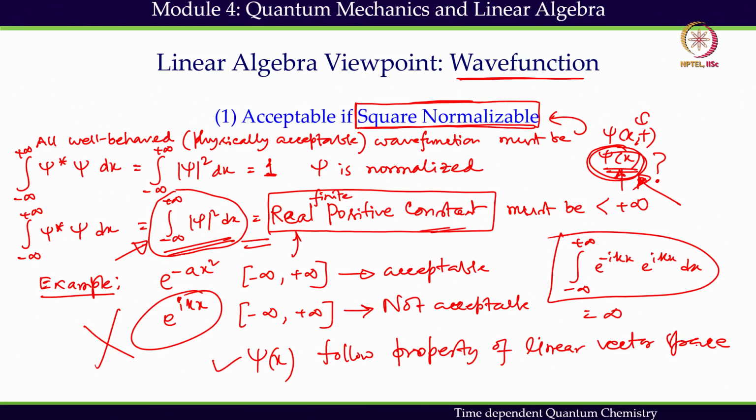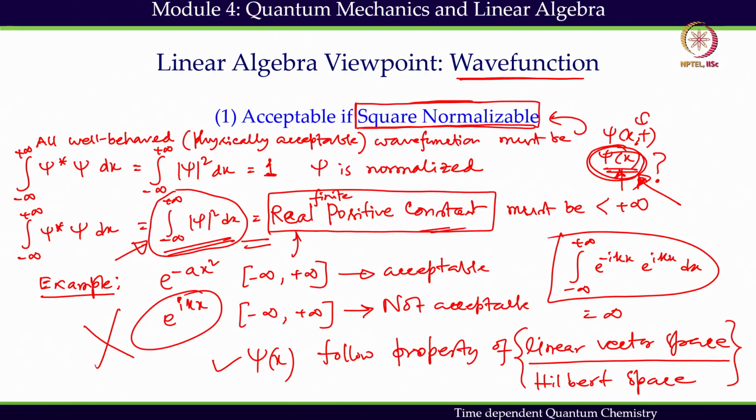This linear vector space is sometimes called Hilbert space. Both are just mathematical language. We say that those wave functions which are acceptable in quantum mechanics live in Hilbert space. Hilbert space is a mathematical, hypothetical space where these wave functions live.